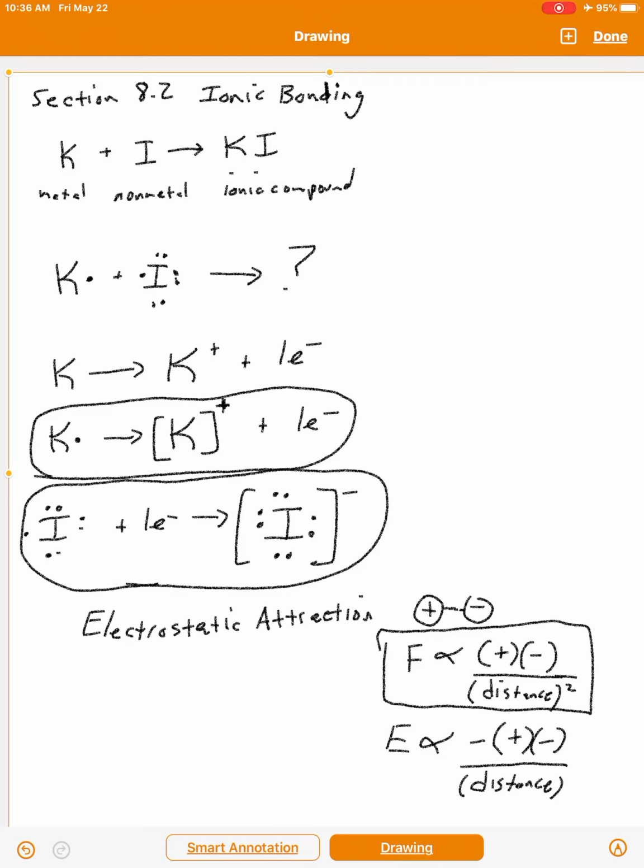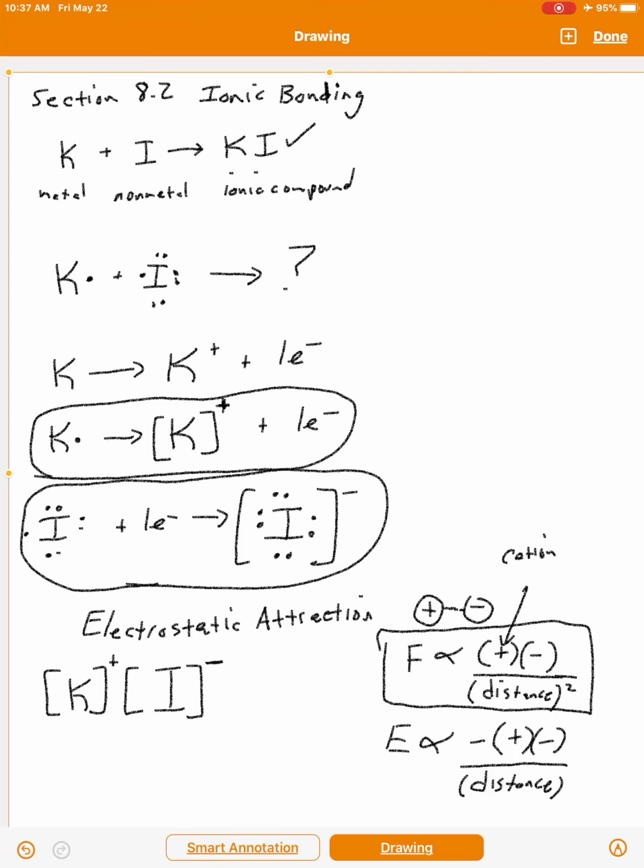So in the case of potassium iodide up there, really what's happening is the potassium ion is just simply attracted to the iodine ion, right? Those are both ions. And they're just attracted to each other because they have opposite charges. And so the amount of attraction that they have is dependent on how much positive charge the cation has.